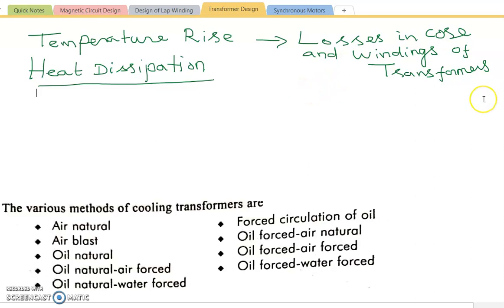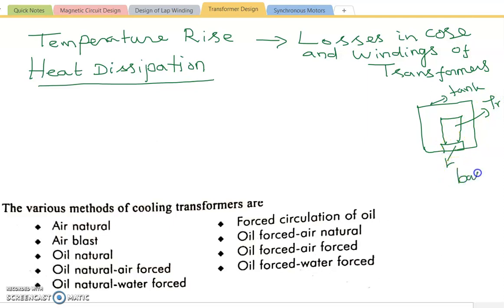Usually the entire structure of the transformer will be kept inside the transformer tank. Okay, here we will be having some base structure, an insulating base structure. On that the transformer will be kept like this. So this is the transformer tank, and this is the transformer structure, and this is the base.